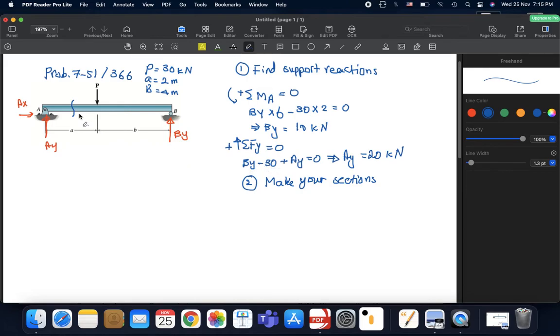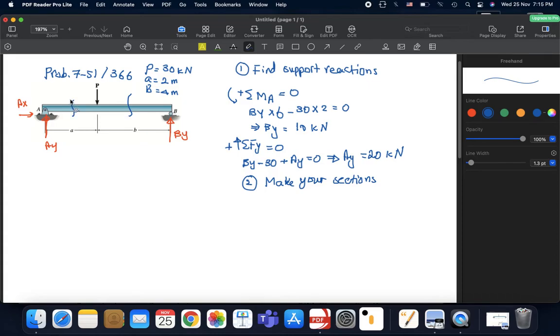So this is the first section, which is basically between the point 0 and 2 meters. Why 2 meters? Because we have loading here. That's why we stopped here. And then we will take another section, after the loading, at any point along this length, for example, say here.